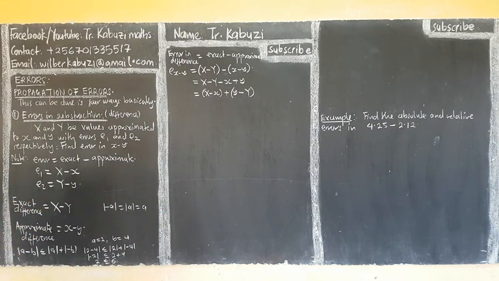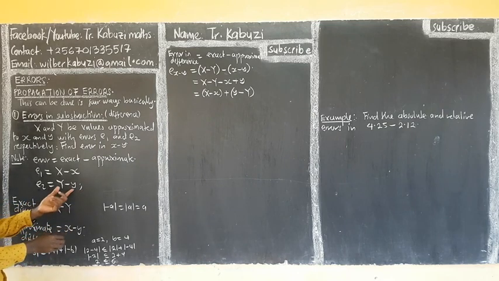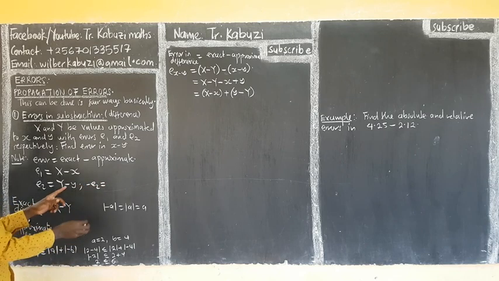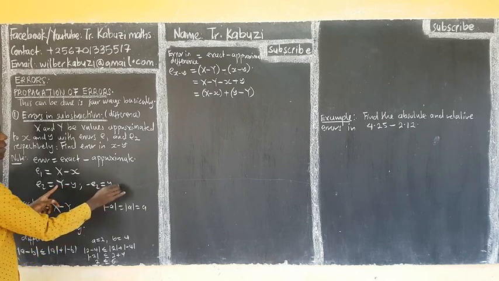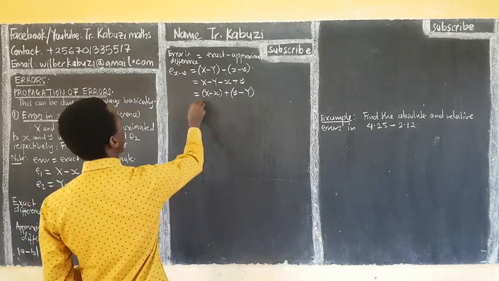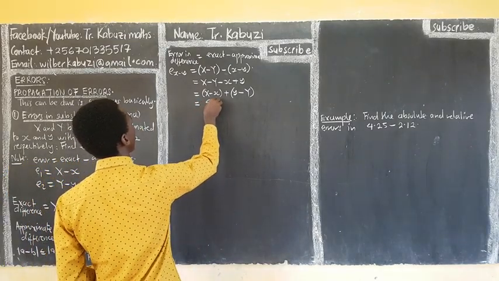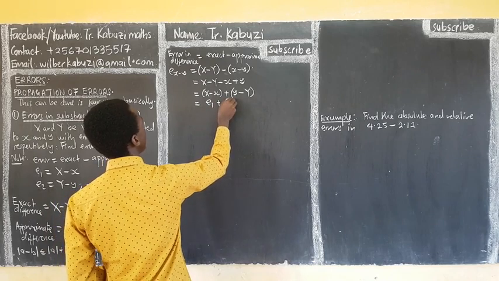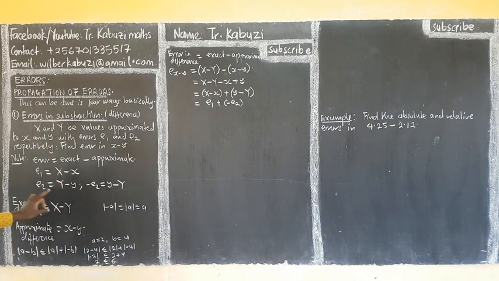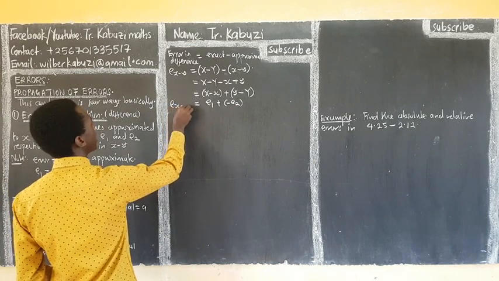You note that this is the same as multiplying by a negative, so I will have negative E2. Multiplying by a negative gives a positive, so this one is E1 plus negative E2. This is equal to the error in our difference.